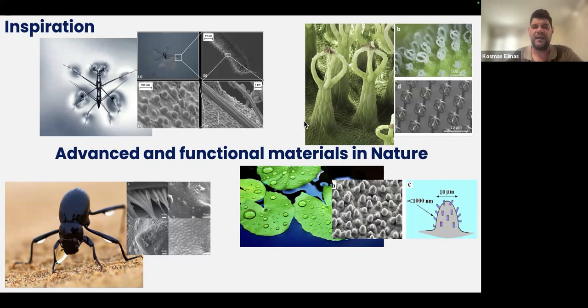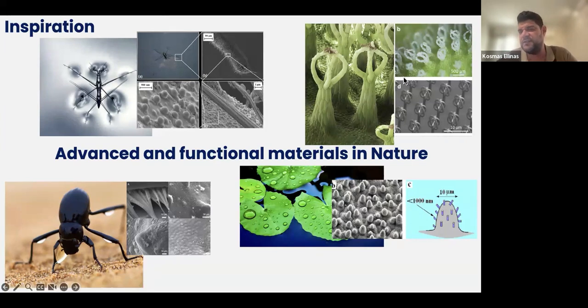Starting from the water strider here, you can see that this insect is able to walk on water. This happens because its legs have micro nano features on them. So there is air trapped inside its legs, and that's why it can defeat, let's say, surface tension and can stay on water.